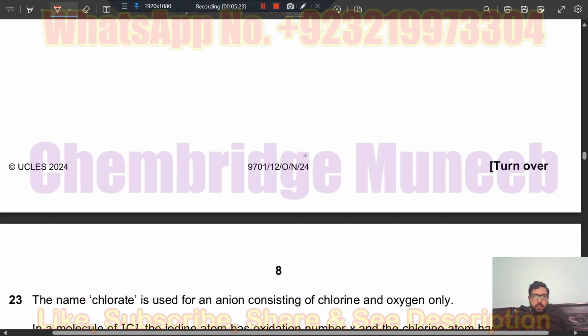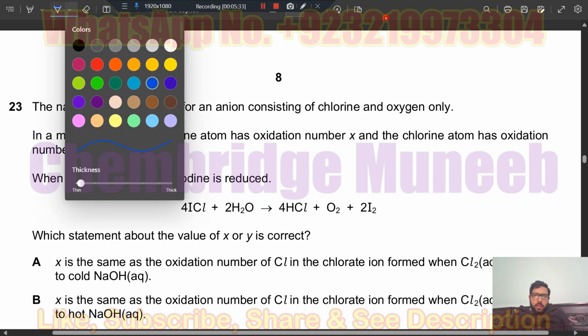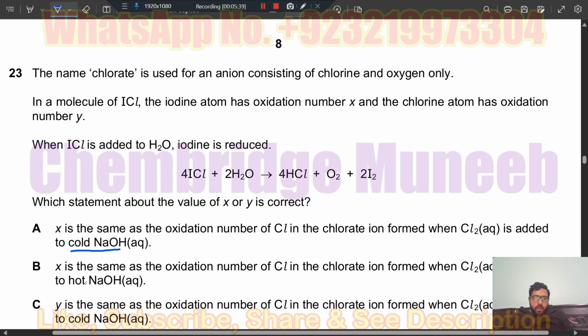Now the next question is question number 23. The name chlorate is used for an anion consisting of chlorine and oxygen. We should know that there are two types of chlorates formed when chlorine reacts with cold NaOH and hot NaOH.